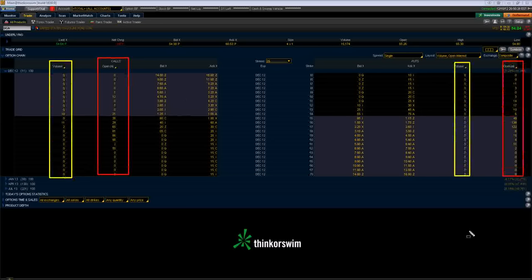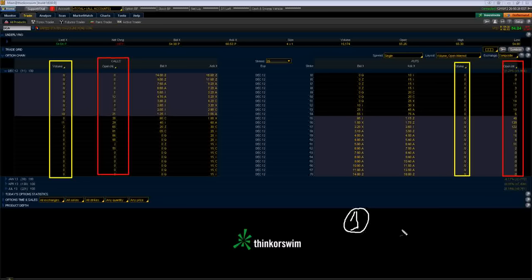With options, remember, it is not an investment. An option is a tradable vehicle that has an expiration date to it. So when you create an option, because every option is created, if you say I am going to buy an option, and you don't close that option at the end of the day, open interest is 1.